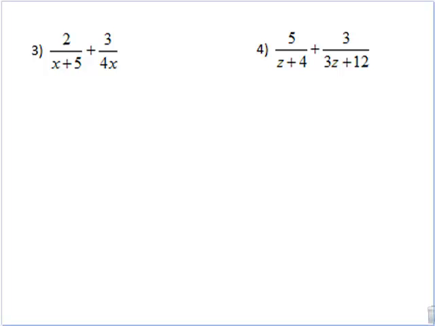So this one's x plus 5, that one's 4x. The first fraction I would multiply by the 4x. And the second fraction, what would I multiply by? Not 5x, x plus 5.